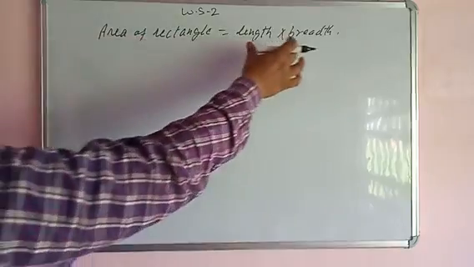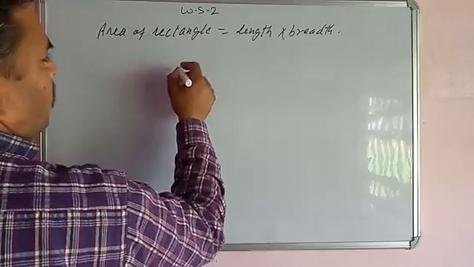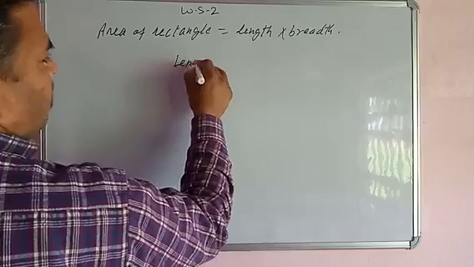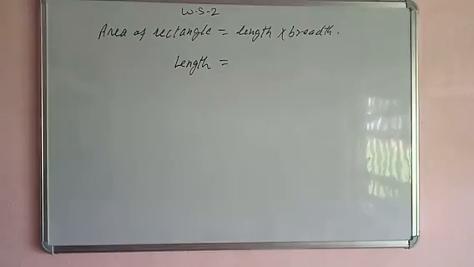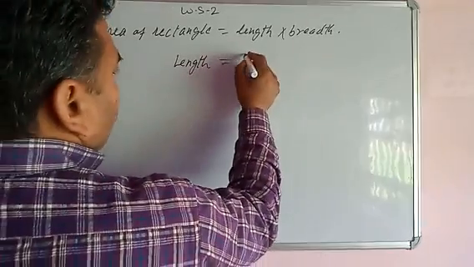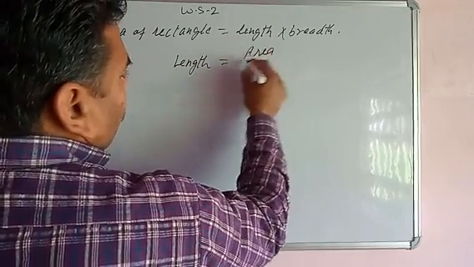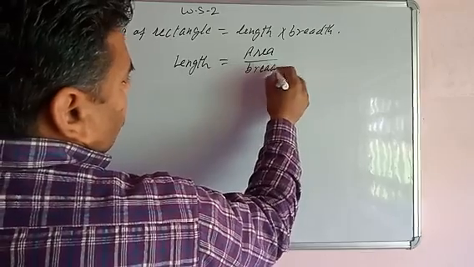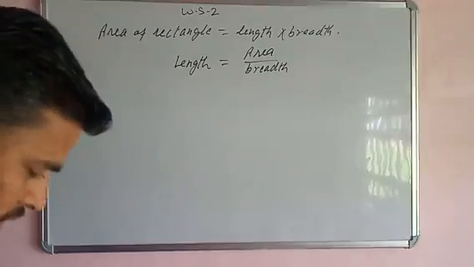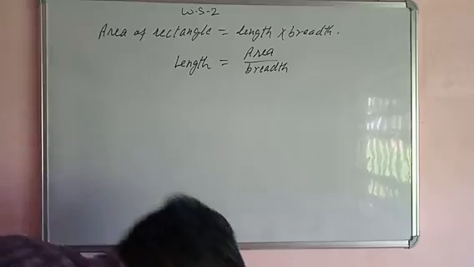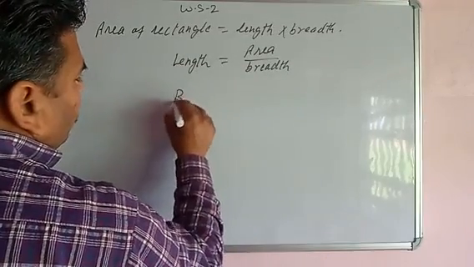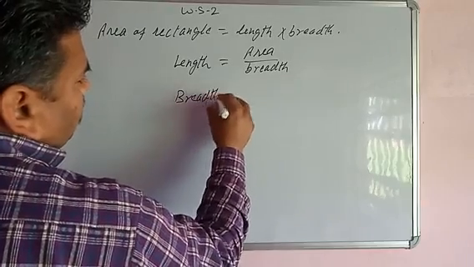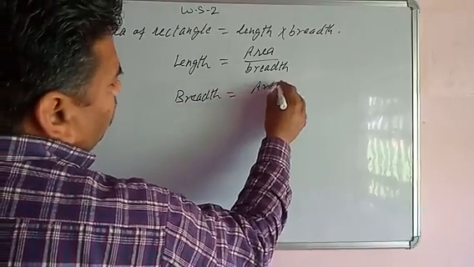So area is equal to length multiply breadth, and if we want to find the length, in some question area and breadth is given and the question is find the length, then we will use the formula area over breadth. And if we are going to find breadth, then we use the formula area over length.